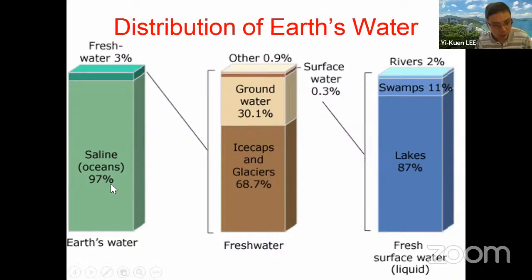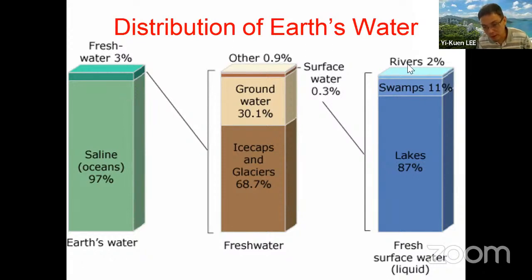In the ocean, 97% is saline, and only 3% is fresh water. Among that 3%, a large percentage of the fresh water we cannot really use, such as ice caps and glaciers. Only 30% is in groundwater, and about 0.9% is surface water.